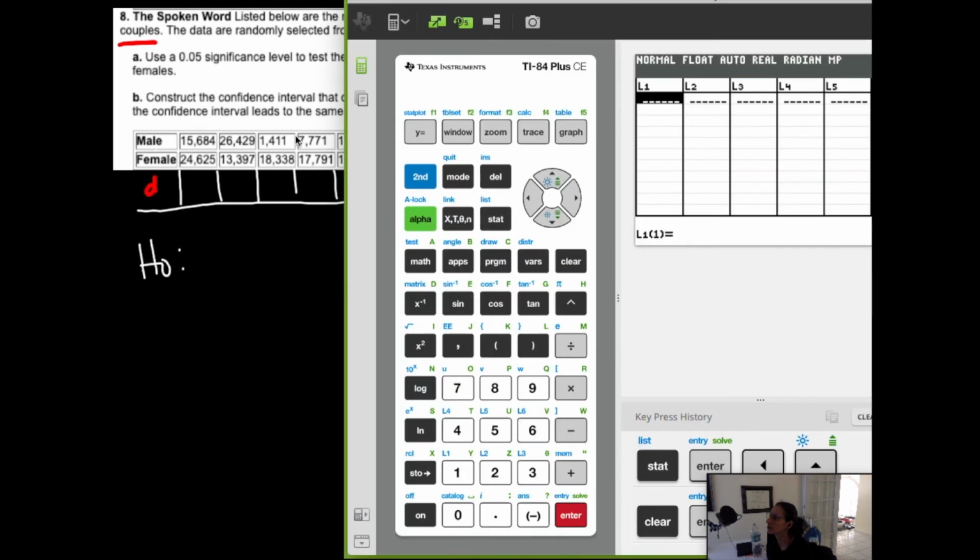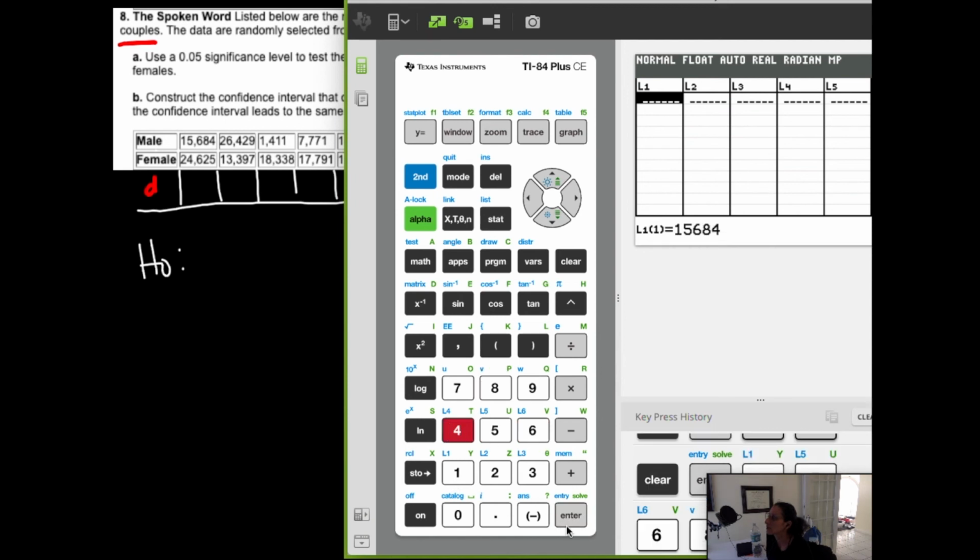So here's your, unfortunately, we have large numbers. So male, first, 15,684, my first. 26,429. 1411. 7771.